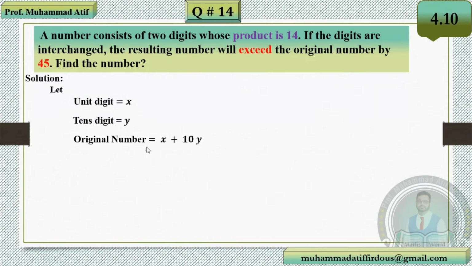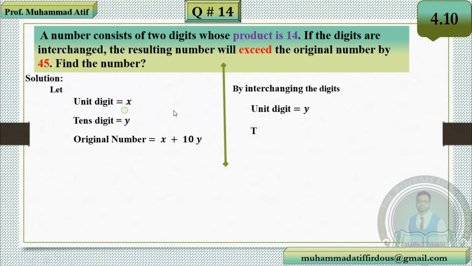Then the original number is x plus 10y. And the given condition is after interchanging, just changing the unit digit by the tens digit and the tens digit by the unit digit, you have your unit digit equal to y and tens digit equal to x. So the new number must be in this form, y plus 10x.